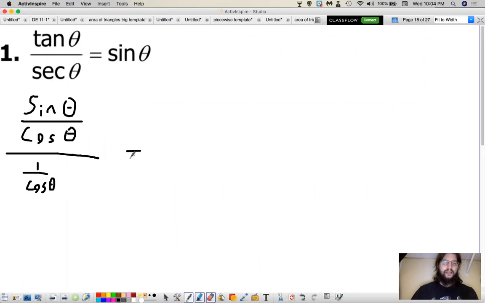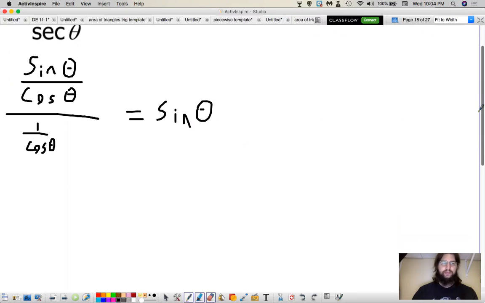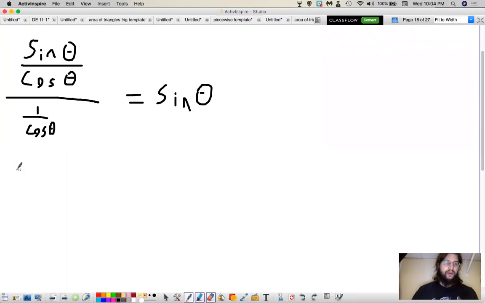And this is equal to sine of theta. That's what we're trying to prove. Don't mess with it. Just keep writing it down every step of the way. Now I'm going to rewrite it. Sine of theta over cosine of theta times cosine of theta over 1.